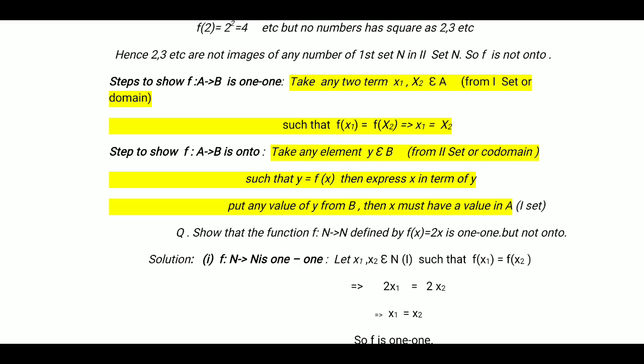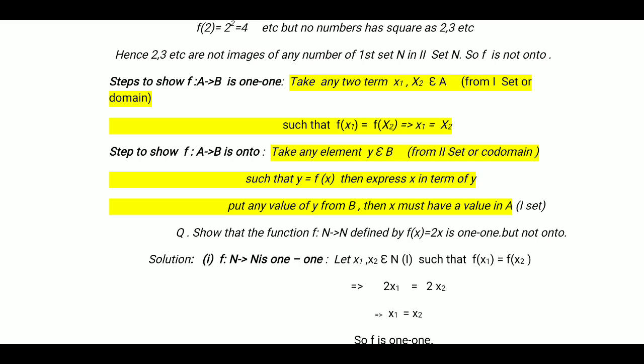Means you are taking two elements of the first set such that their images are equal, and then you get the result that x1 and x2 are also equal, means those elements are the same. Thus we can say the function is 1-1.